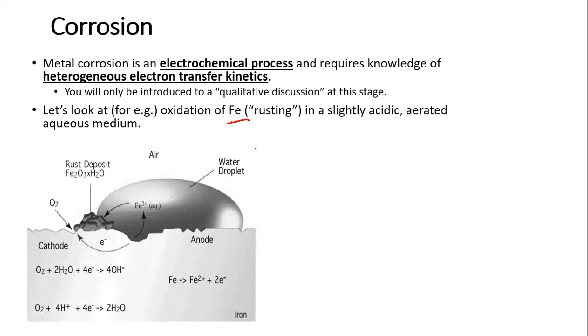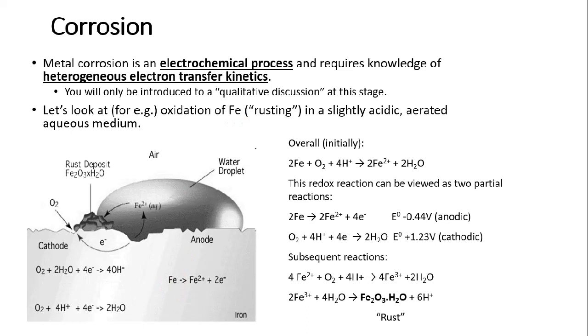So you have, for example, a droplet of water on the surface of a piece of iron, and a number of reactions take place. At one part of the iron there will be oxidation of the metal from iron 0 to iron 2+. That part of the metal must be the anodic part. And then at another part you'll have reduction of oxygen. Let me show you this in simpler form.